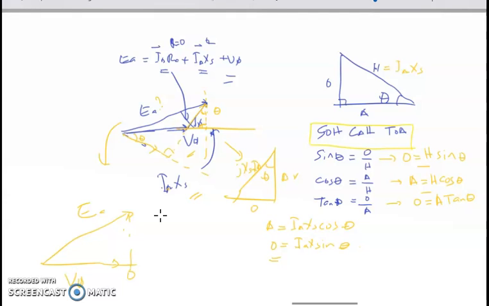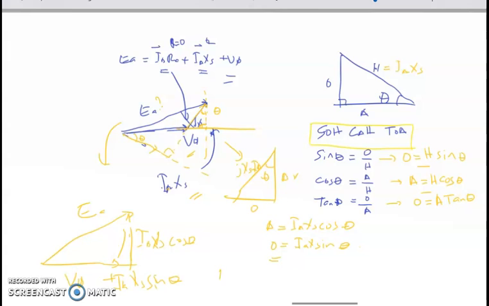We calculate this now. V phase plus opposite here, which is IA XS sine theta. Over here is our IA XS cos theta.